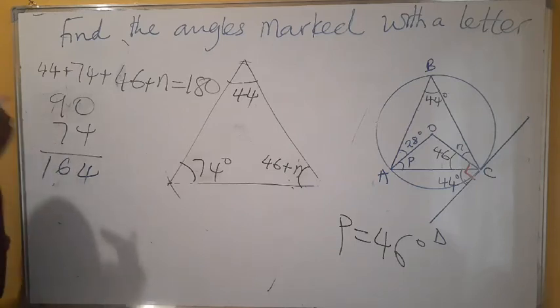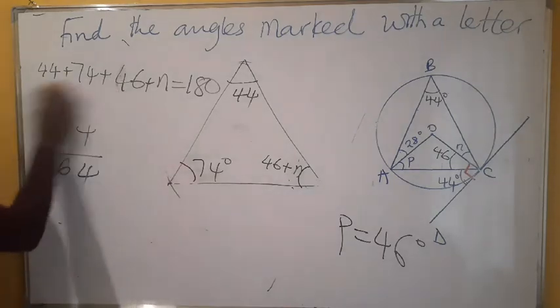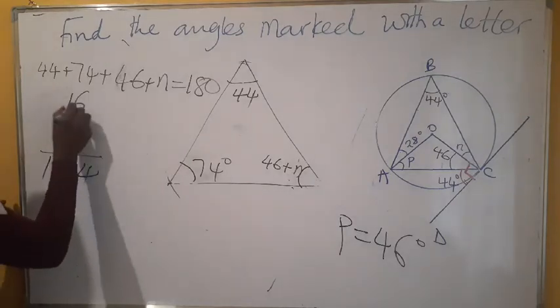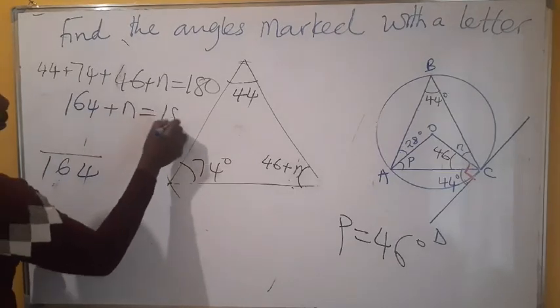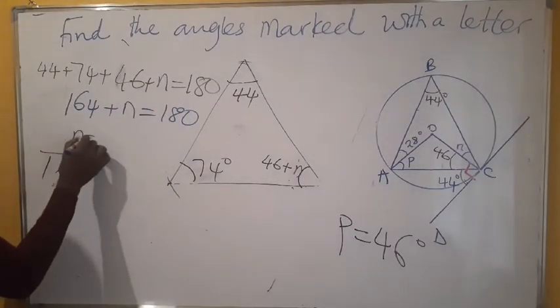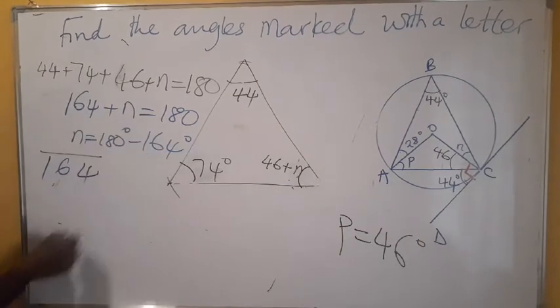So, if we proceed with our equation, we are going to get 164 plus N is equal to 180. Then we say N is equal to 180 minus 164 degrees.